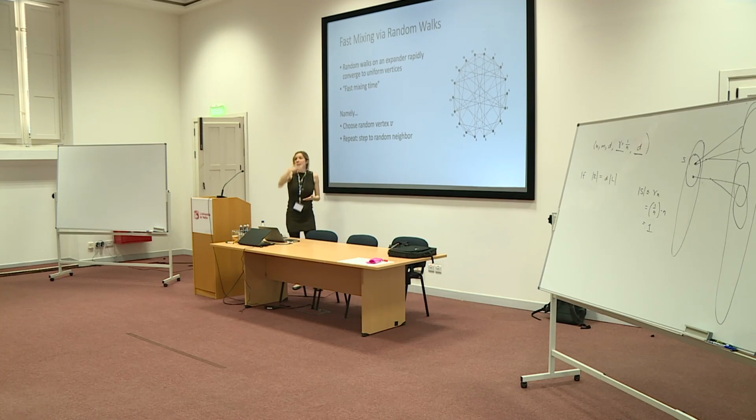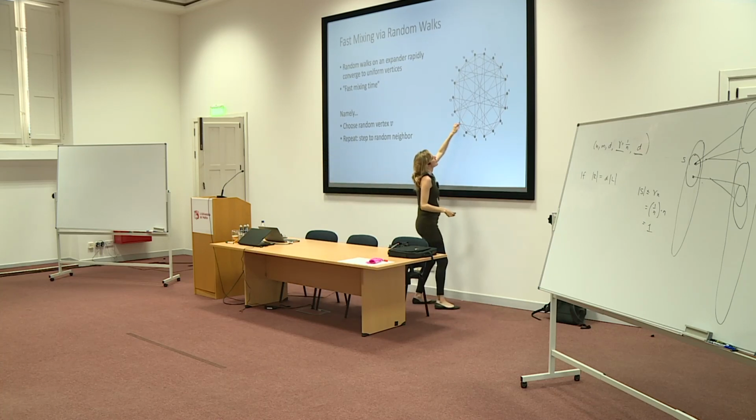In every time step I traverse exactly one edge, and the choice of which edge I take is just a random neighbor of wherever I'm standing. So for example, maybe I start here, I choose a random neighbor over here, then I choose another random one, and so forth.